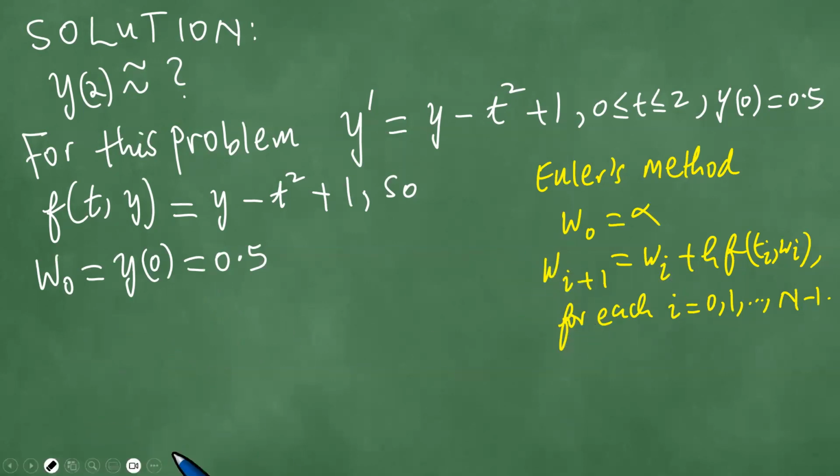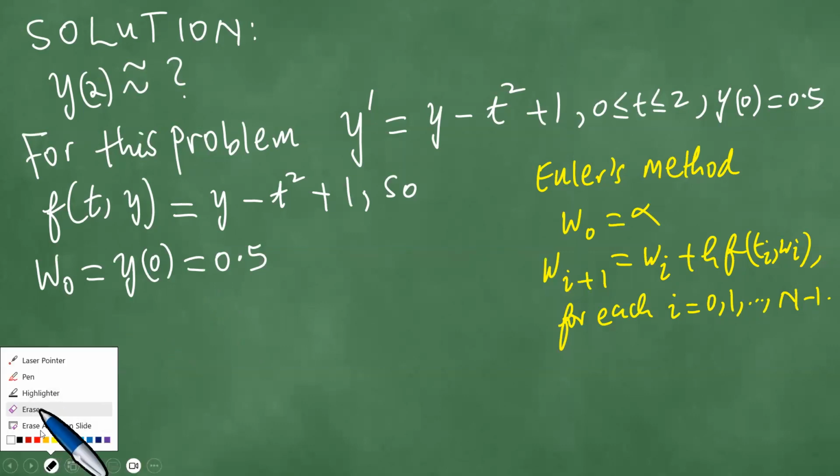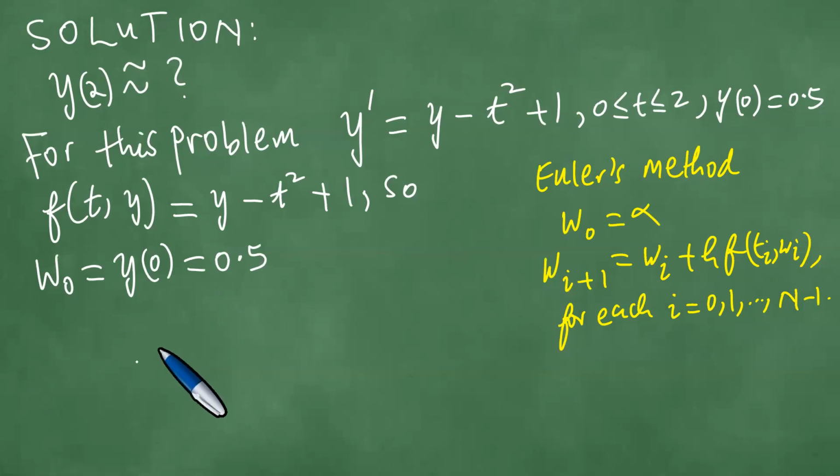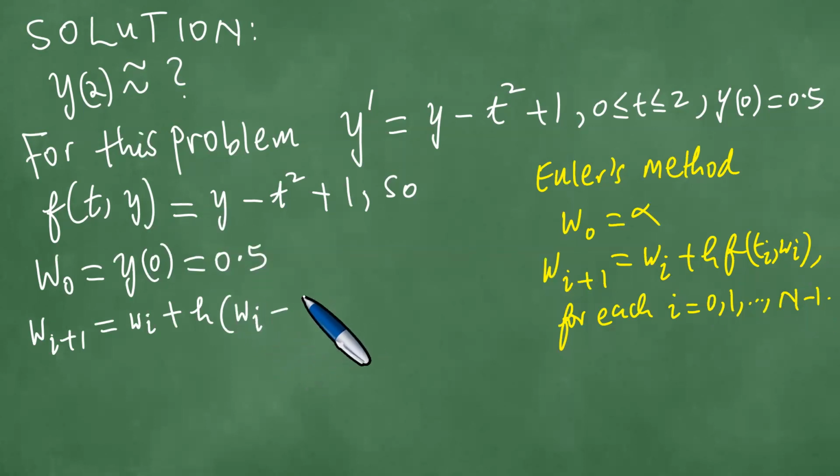Now in view of this, if you look at w sub i plus 1, this is w sub i plus h times f of t sub i, w sub i. It's going to be like this, because the w sub i is in the place of the y, so it's going to be w sub i minus t sub i squared plus 1.